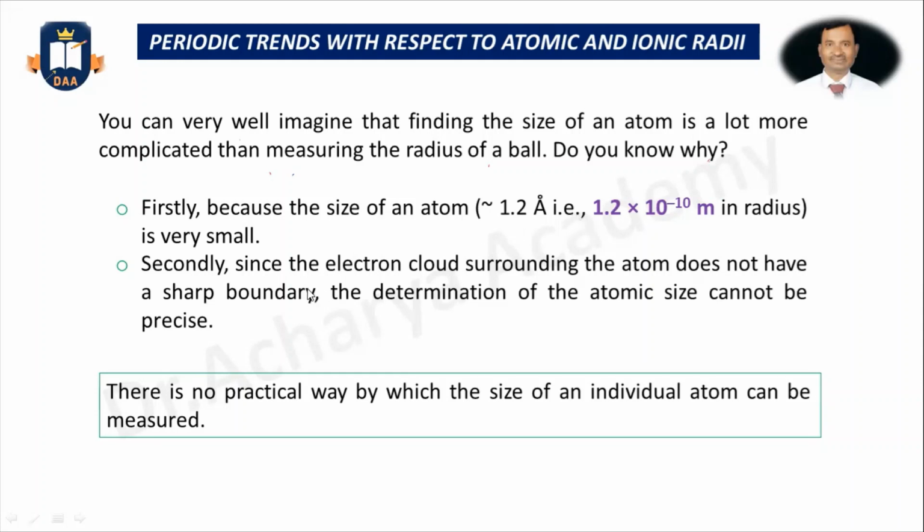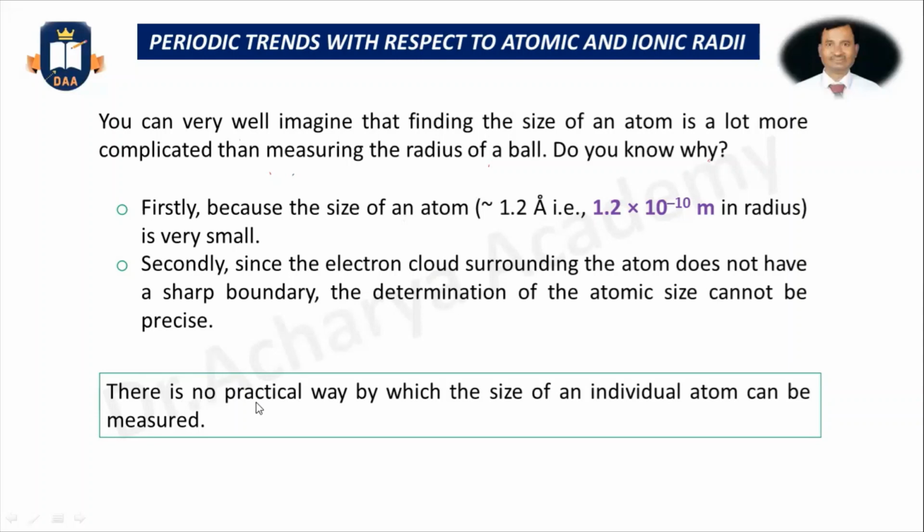And secondly, the atom has a nucleus surrounded by electron clouds, and it doesn't have any sharp boundary like a ball, and that's why the determination of the atomic size cannot be precise.